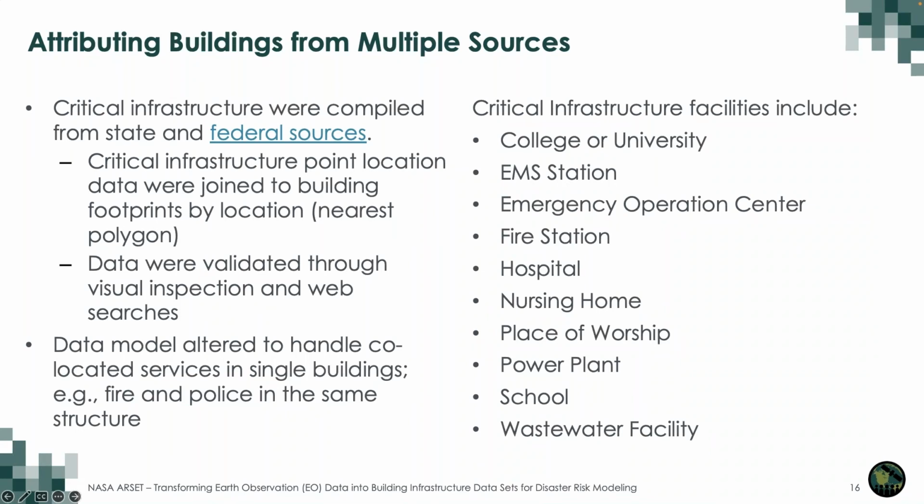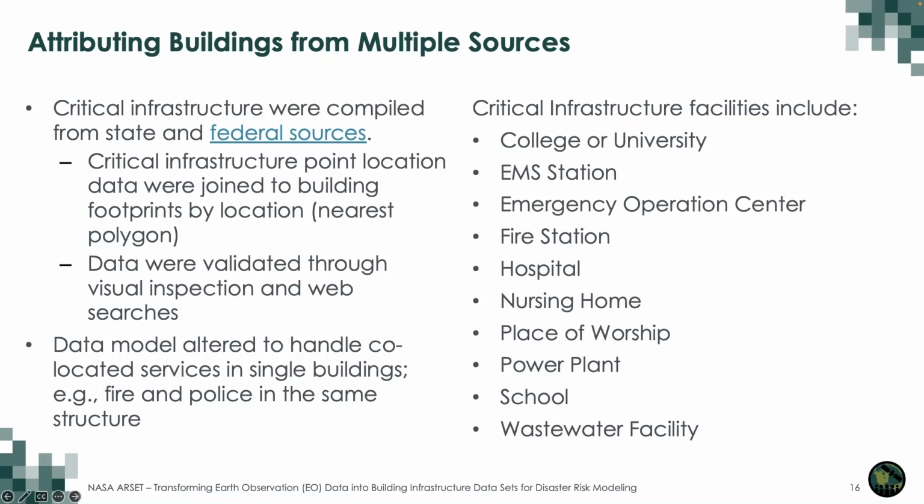And on the right side of this slide is the list of the critical infrastructure facilities that were included in the database. So you can see things that are related to emergency operations, fire, hospital, and response, but also key infrastructure like power plants and wastewater facilities that may be vulnerable during a flood to interruption in operation.